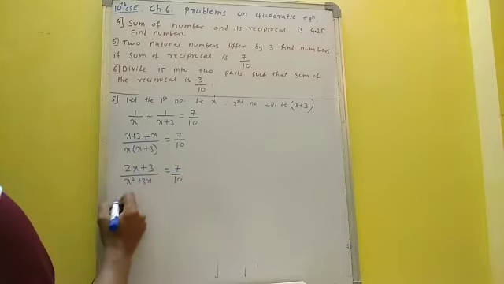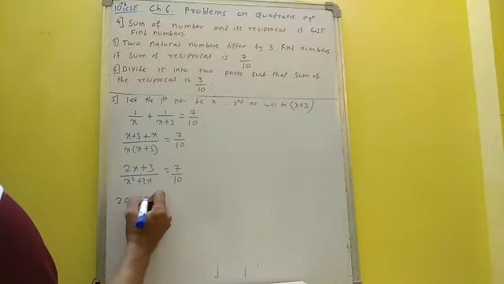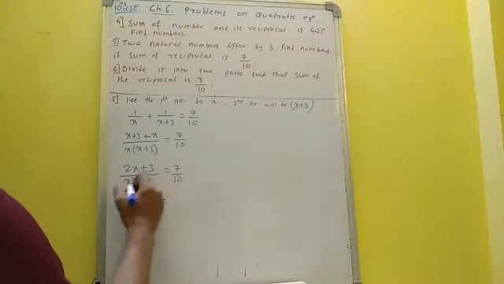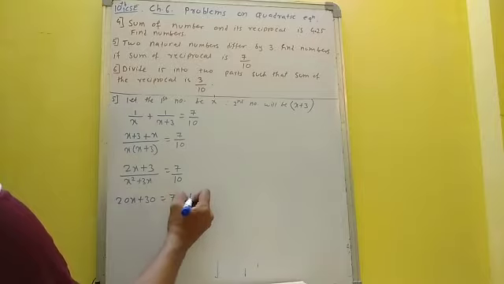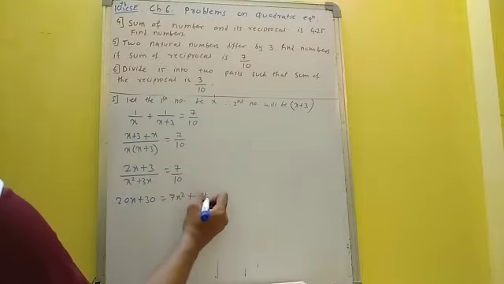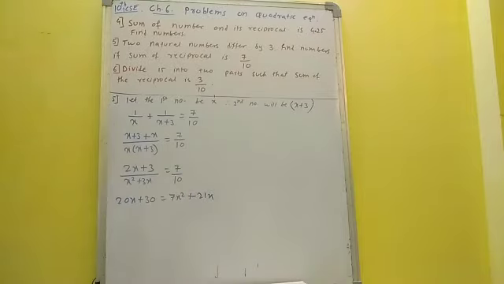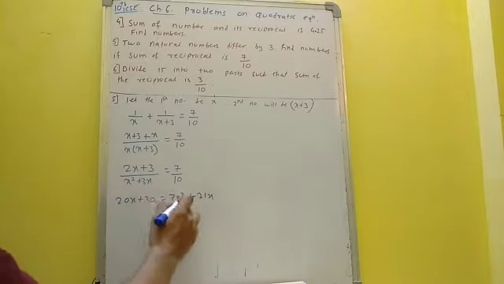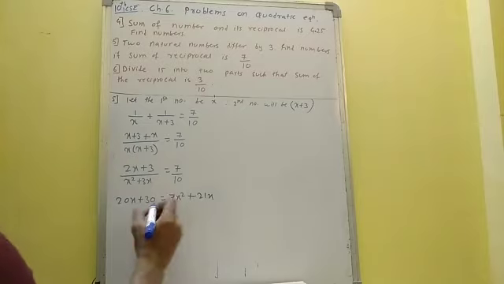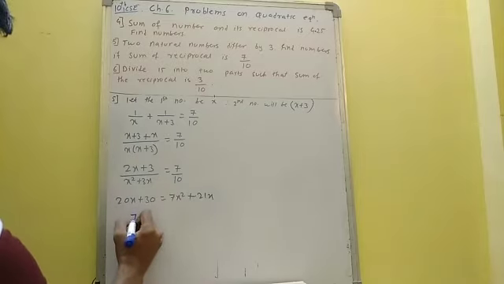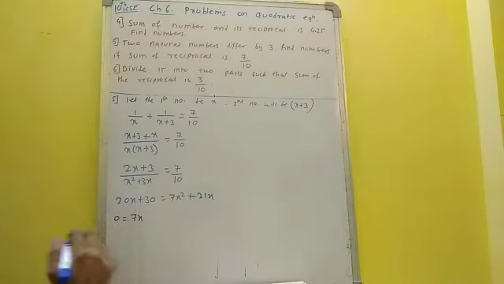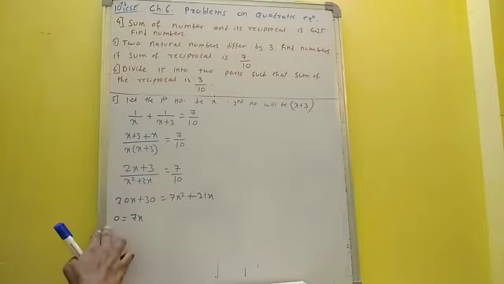So 10 into 2 is 20. 10 into 3 is 30. 7 into x is 7x square. 7 3s are 21x. Okay, I multiplied it directly. 7 into x square, 7x square, 7 3s are 21. So I will take all the numbers on this side, equal to 0.